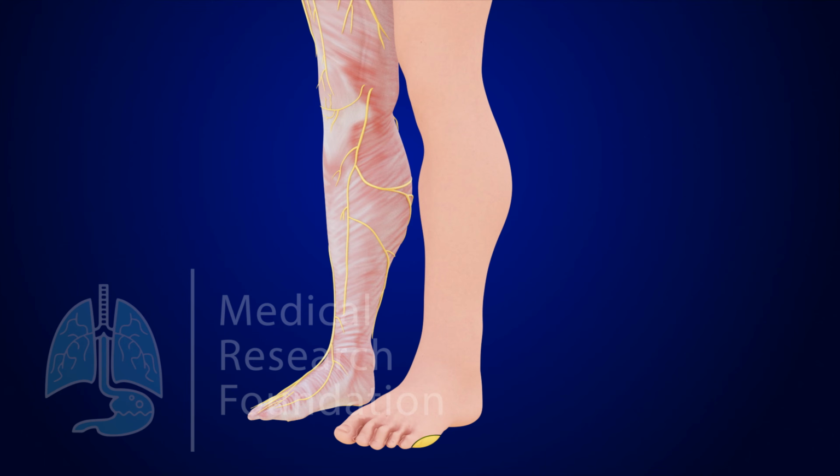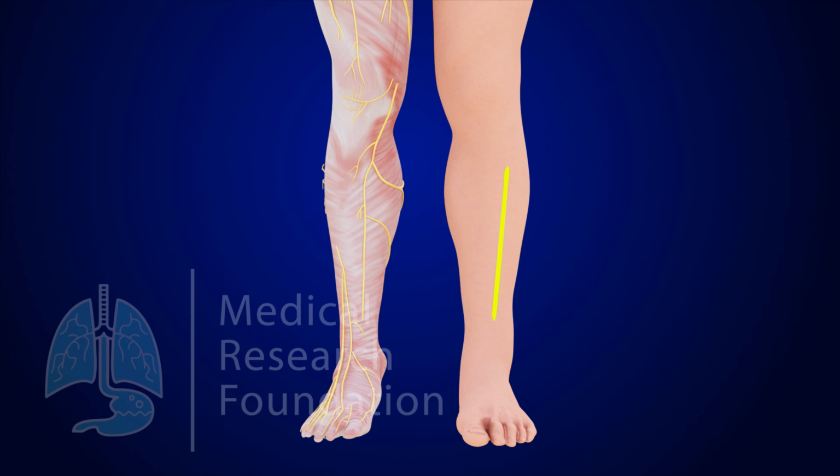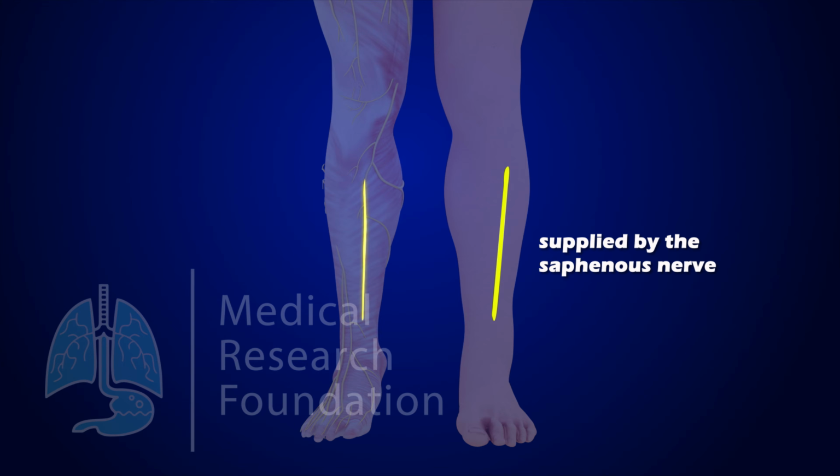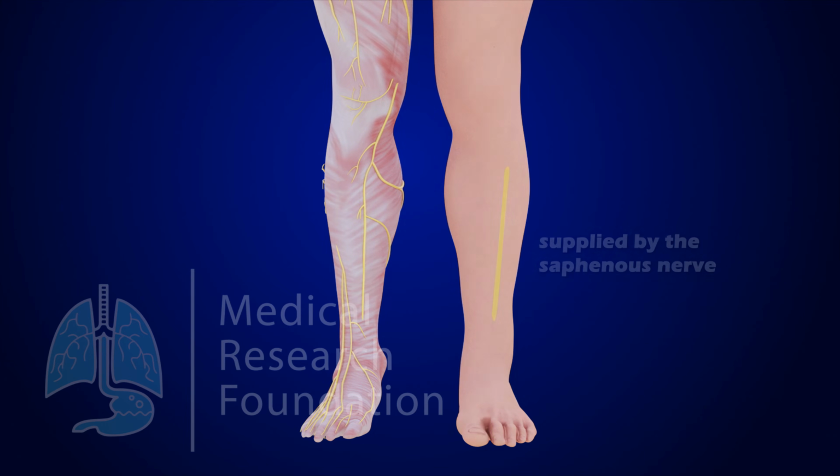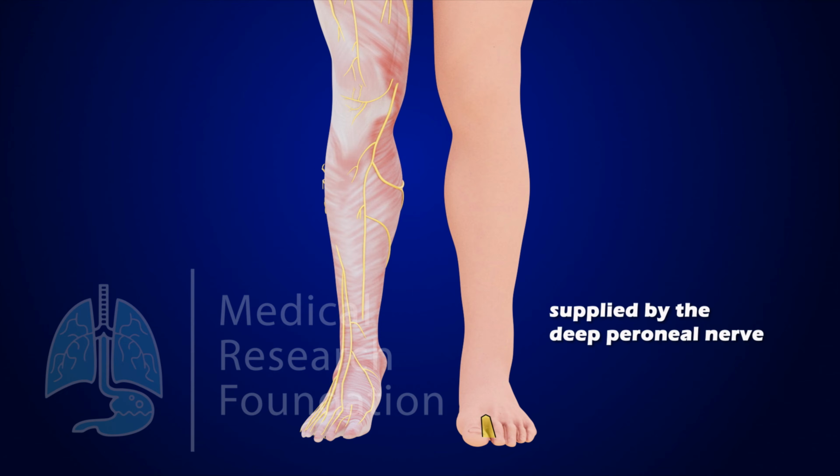The lateral border is supplied by the sural nerve, the medial border up to the base of the great toe is supplied by the saphenous nerve, and the cleft between the first and second toes is supplied by the deep peroneal nerve.